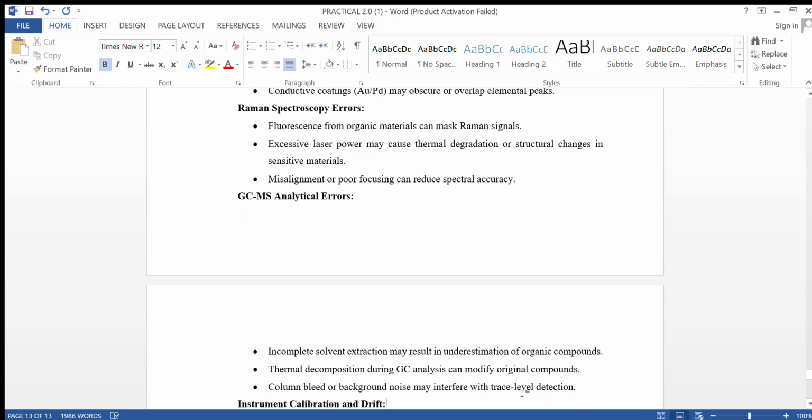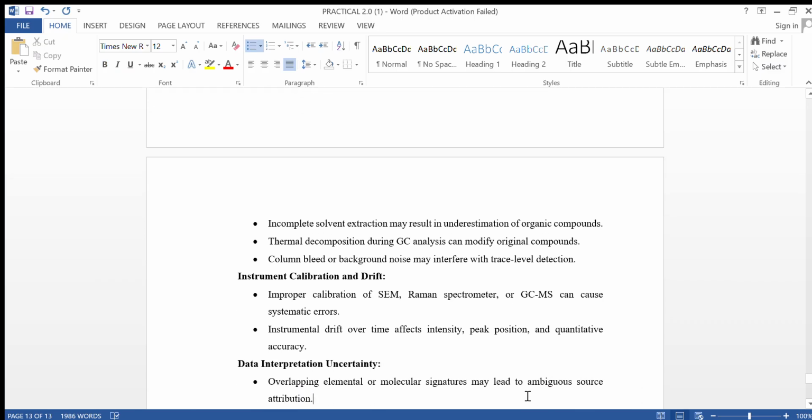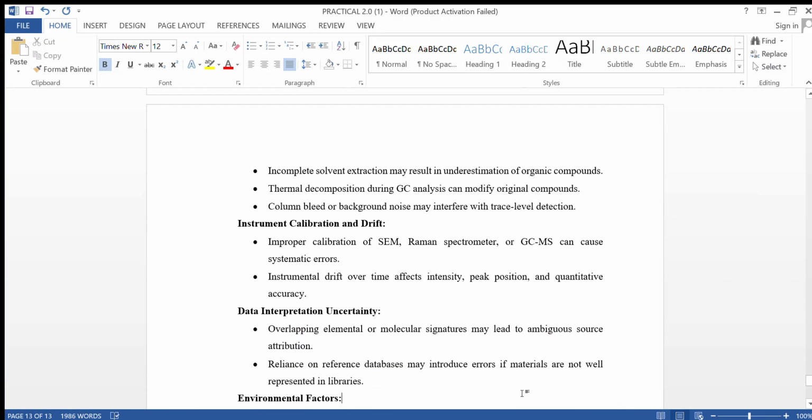GCMS analytical errors. Incomplete solvent extraction may result in underestimation of organic compounds. Thermal decomposition during GC analysis can modify original compounds. Column bleed or background noise may interfere with trace level detection. Instrument calibration and drift.